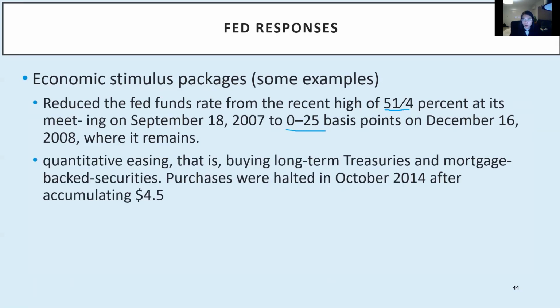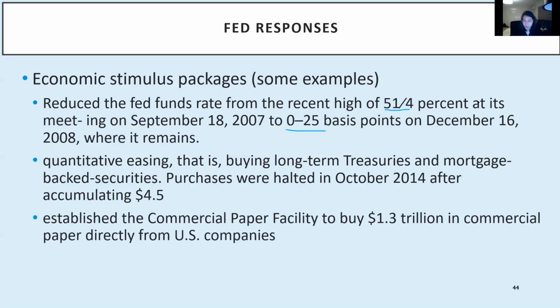They also bought a lot of securities from the troubled banks. This is called quantitative easing. And they also established a lot of other facilities to help provide liquidity to US companies.